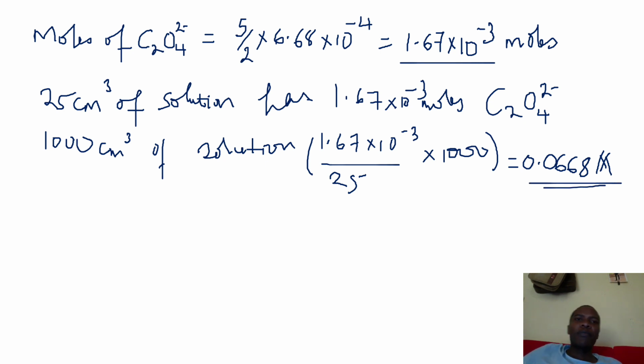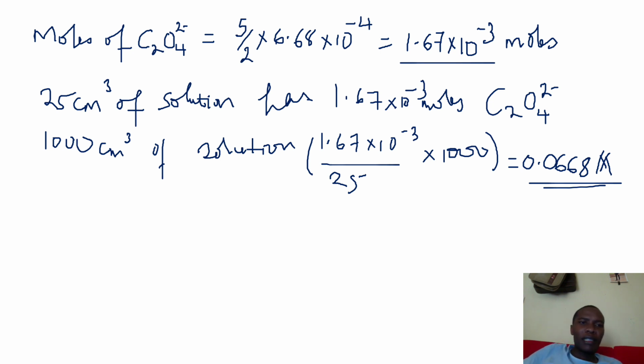But remember, the oxalate ions that we are having in oxalic acid were 0.03. So we shall get now the other concentration of the oxalate ions originally present in the mixture by subtracting the total minus the ones of the oxalic acid.